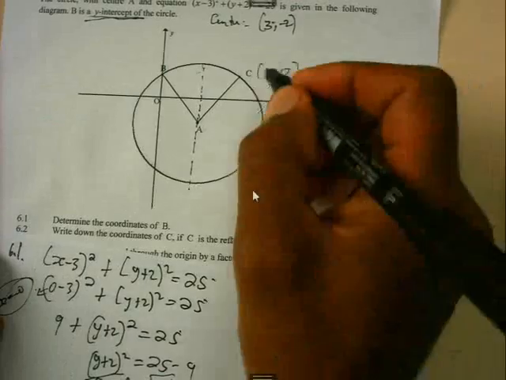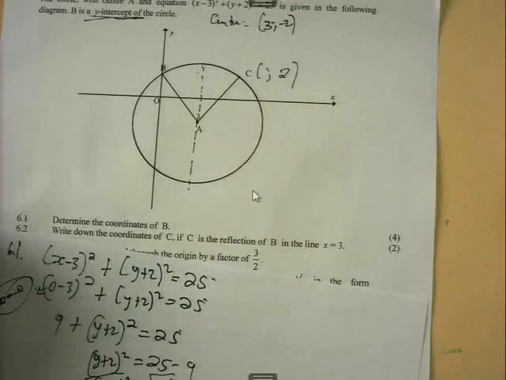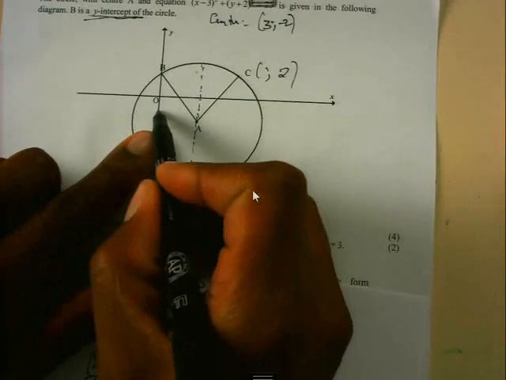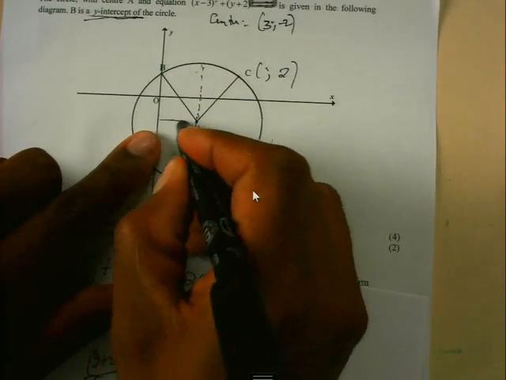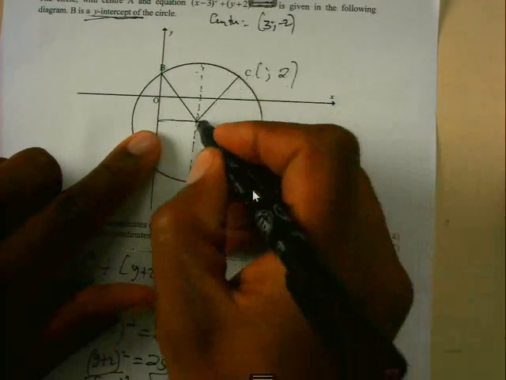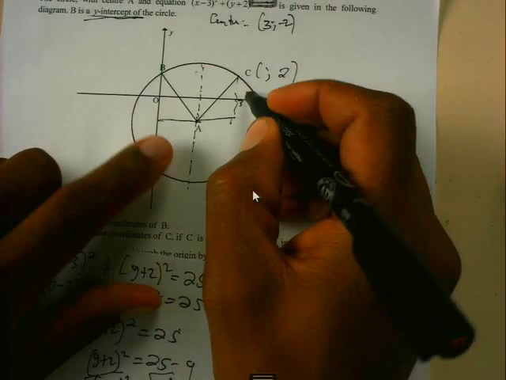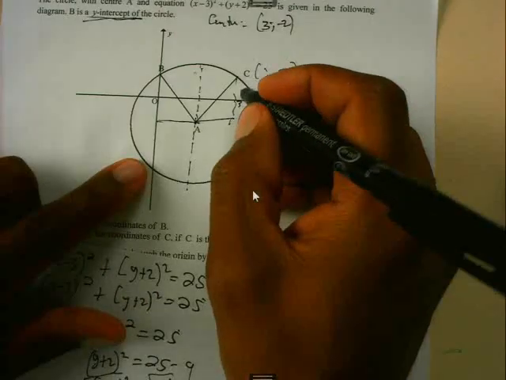Now we must look for the x value. If the distance from here to the point is a positive 3, then on this side it must also be positive 3.